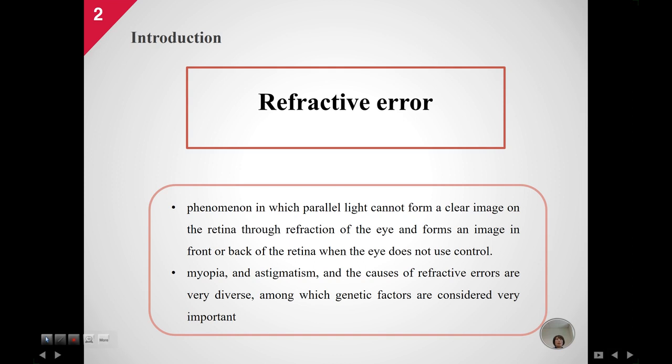Refractive abnormalities include myopia, hyperopia and astigmatism. The causes of refractive error are very diverse, among which genetic factors are considered very important. Of course, unhealthy habits in eye use cannot be ignored as a cause.